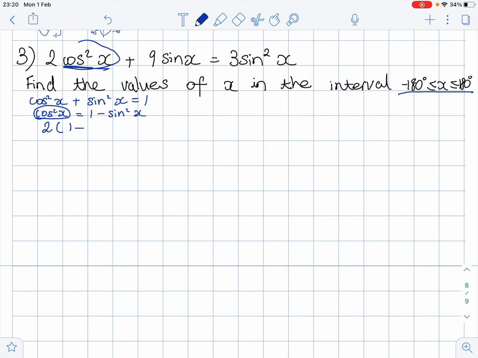So what we're doing here is we're replacing cos squared x with 1 minus sin squared x, because to solve an equation, we need to have all the same functions. They all need to be written in terms of sine to solve a quadratic equation in sin x. So we have minus sin squared x plus 9 sin x.